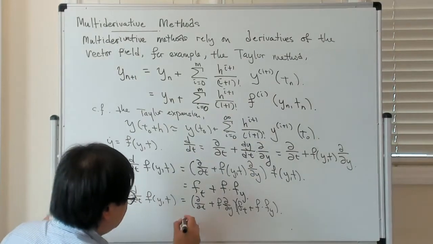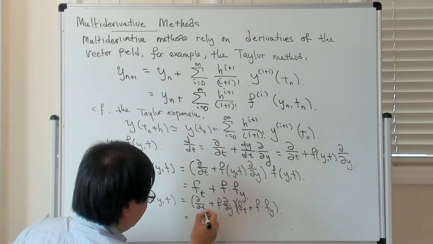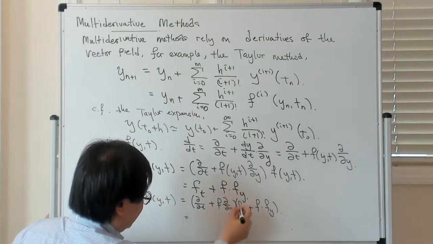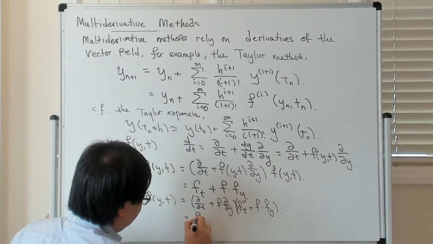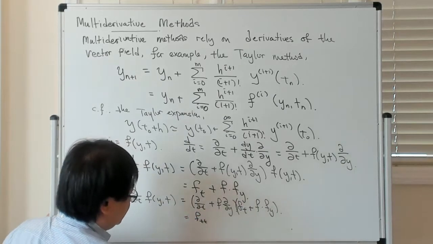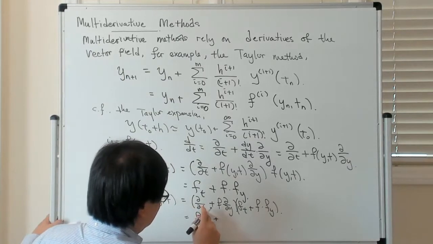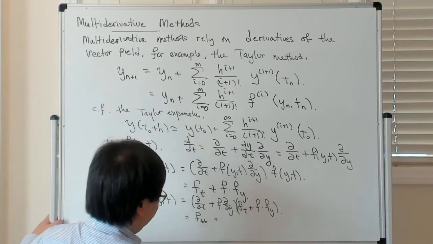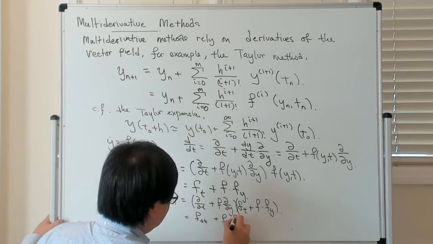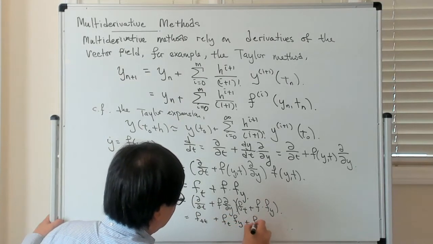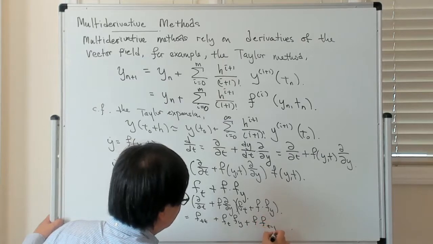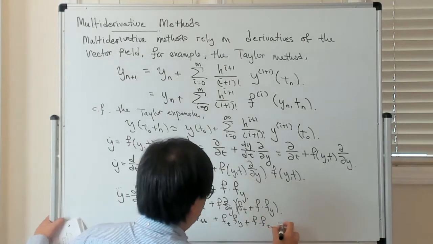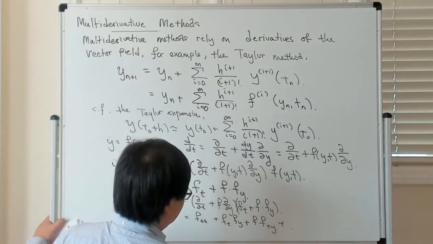So if I take the partial in time with respect to f_t, you get f_tt, plus the partial in time with respect to this term. That's a product, so we have to apply the product rule. So that's f_t f_y plus f f_ty.